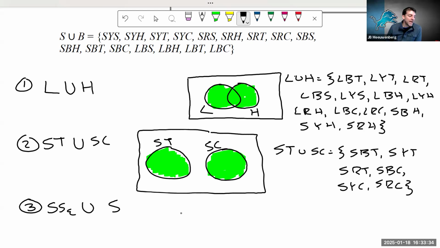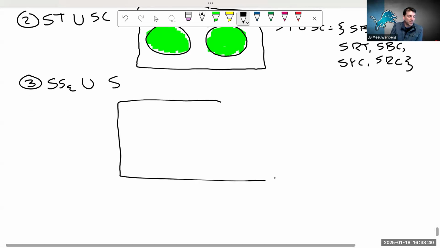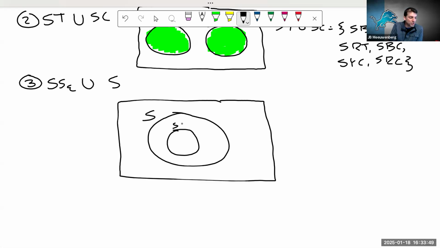Okay. And then finally, small squares union all small pieces. Again, the start of it looks like the last one did, where we have all of our small pieces in here. And then remember how small squares was a subset? In the intersection, we only shaded this. Well, now we're shading this.